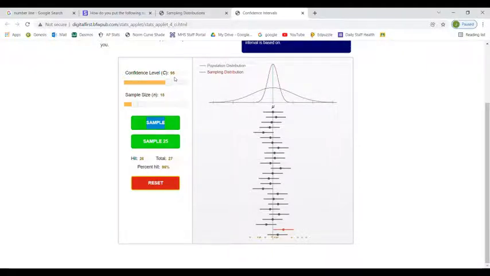Now, we only did 27 total cases here, and all but one got captured, and so that's about 96%. If we were to do this many times, you would see that the capture rate would hone in on that 95%, and that's what the confidence level means.